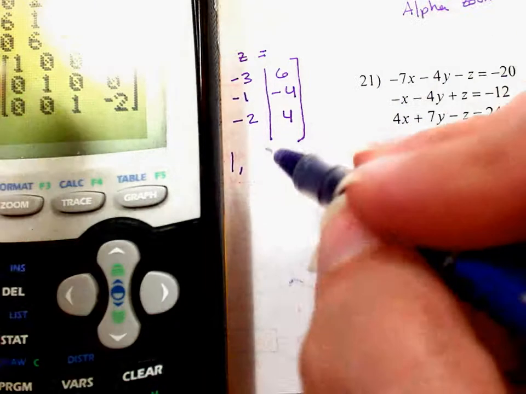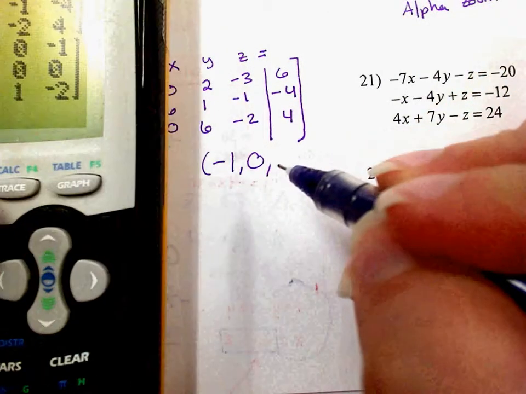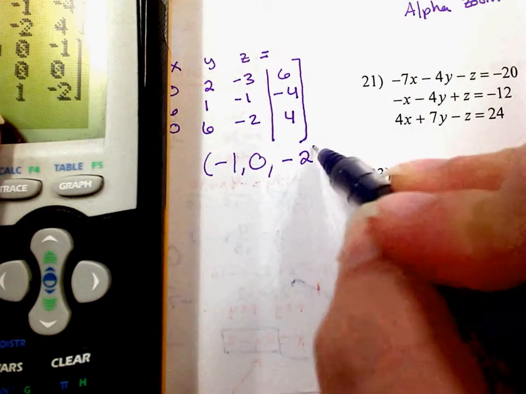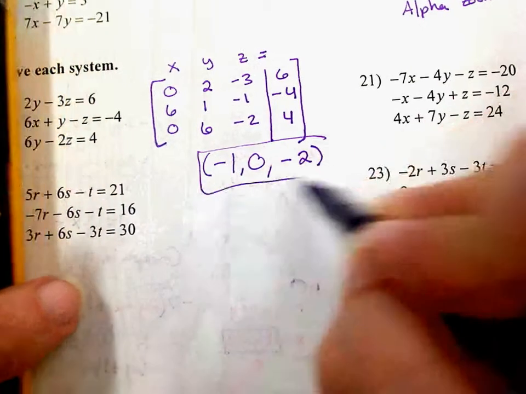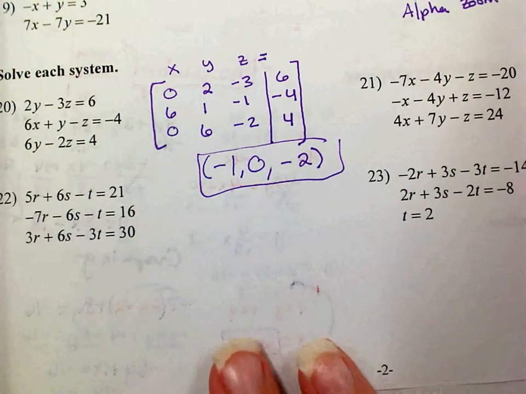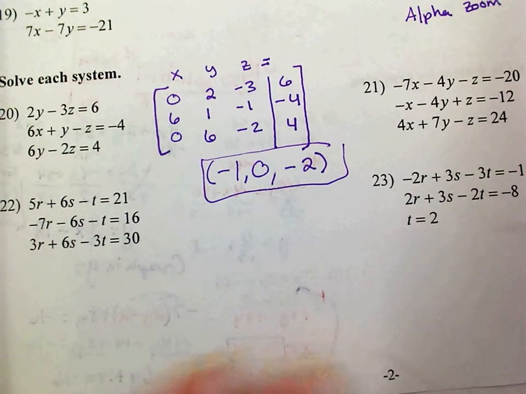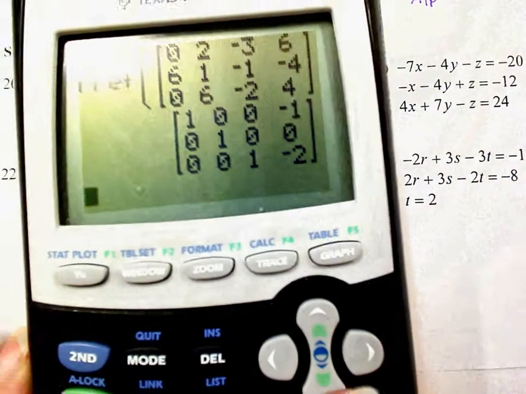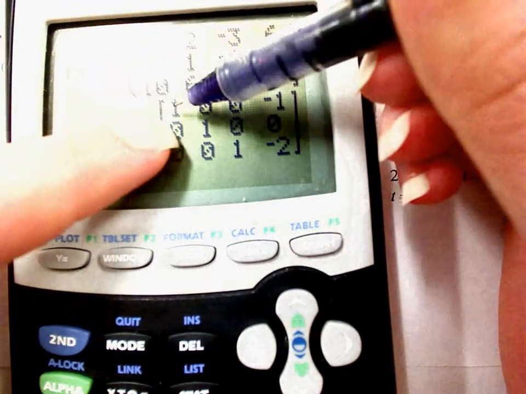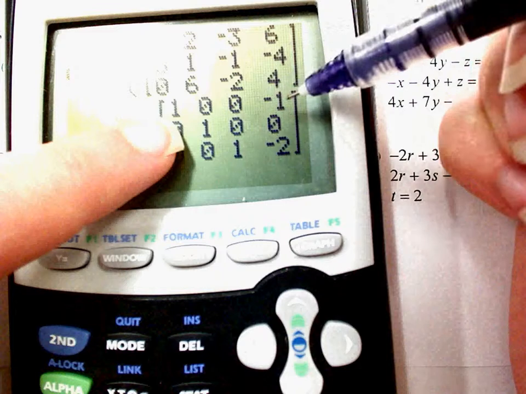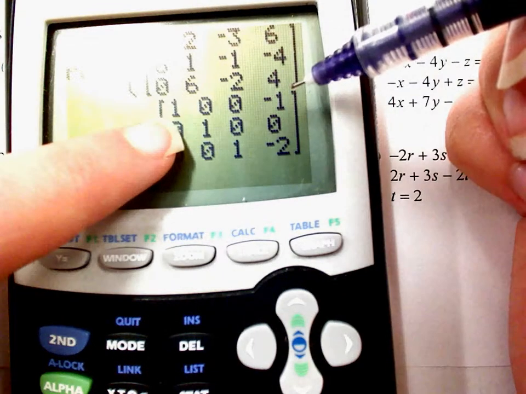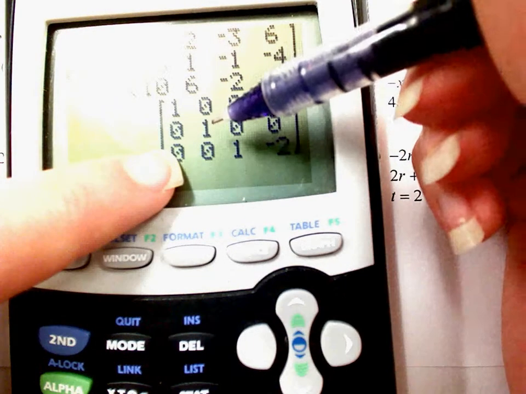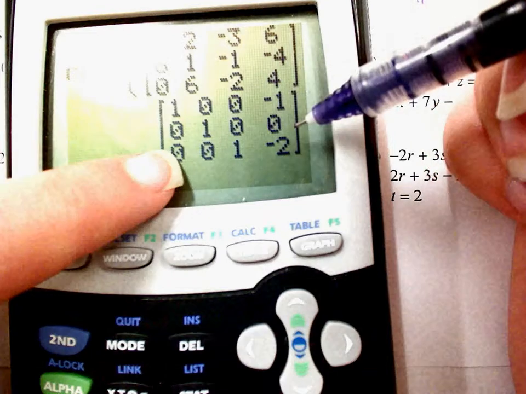And that is my answer. Okay, so remember this is an order. 1x plus 0y plus 0z equals -1, so x equals -1. 0x plus 1y plus 0z. Does that make sense? Okay. That's called row reduced echelon form, which is why it's called RREF.